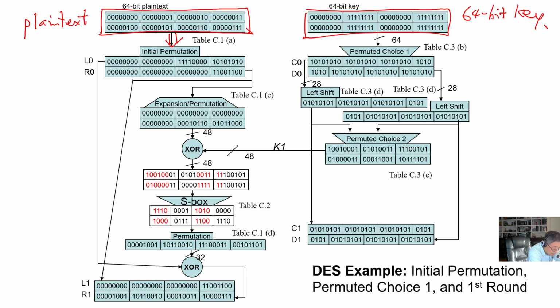We'll talk about how we actually use it because it's defined in table C.1a. After the initial permutation, you create a 64-bit output, and that 64-bit output becomes the input of the first round.